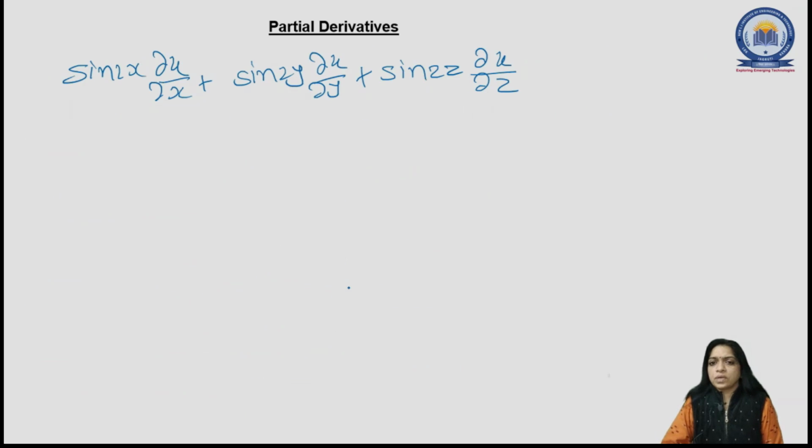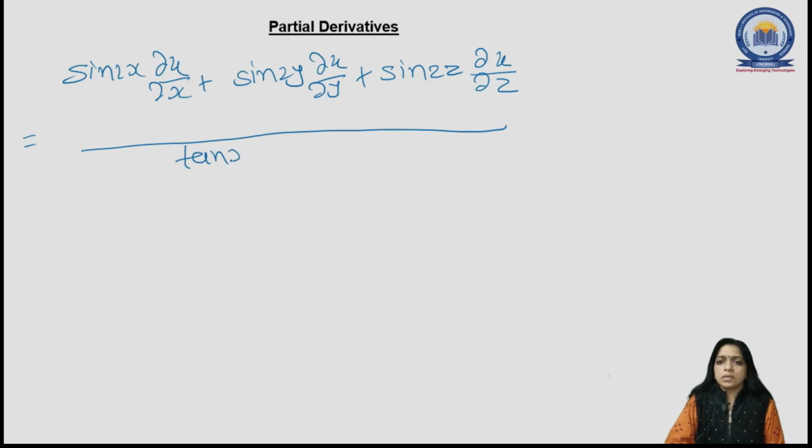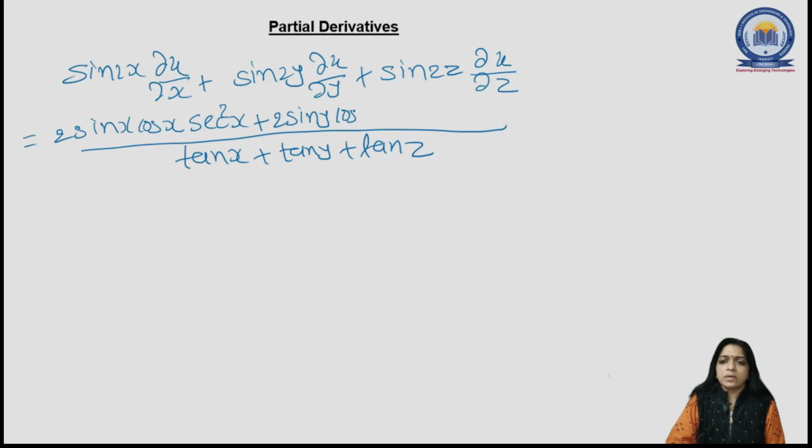So if we keep it as the common denominator, the value of sin 2x is 2 sin x cos x, and del u by del x is sec square x. Here 2 sin y cos y, this one is sec square y, and the same for the last term, 2 sin z cos z, and this one is sec square z.